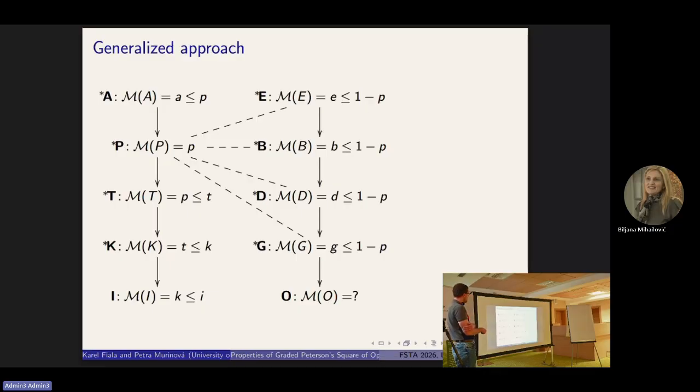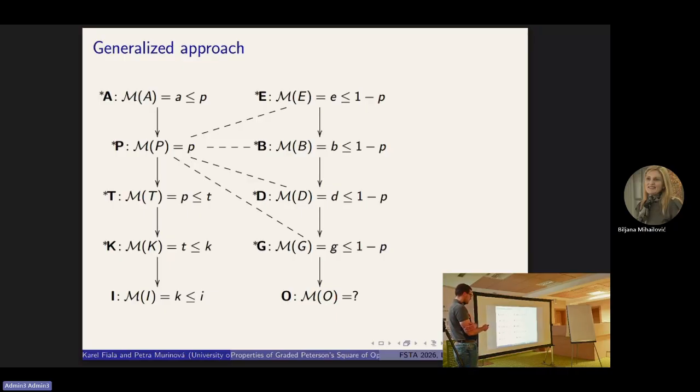A is superaltern of P, or P is subaltern of A, which means that the truth value for A will be less than or equal to p. And for T, K, I, their truth value is greater than or equal to p, and it's due to the subalternation. P is not directly connected to quantifier O, so we cannot say anything about its truth value.